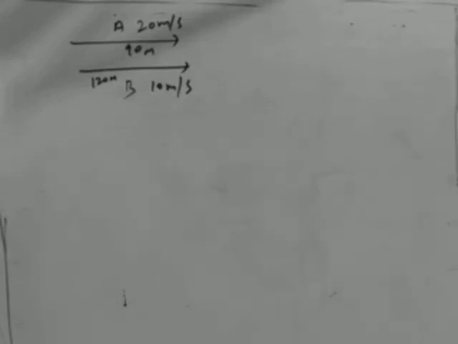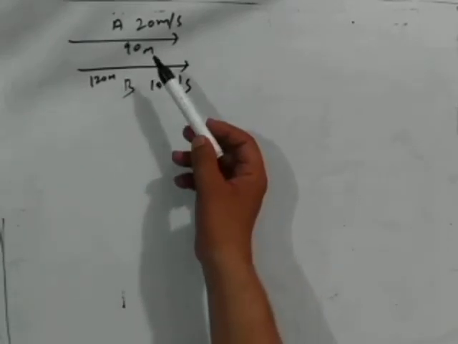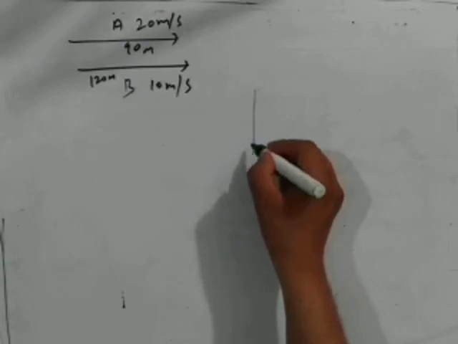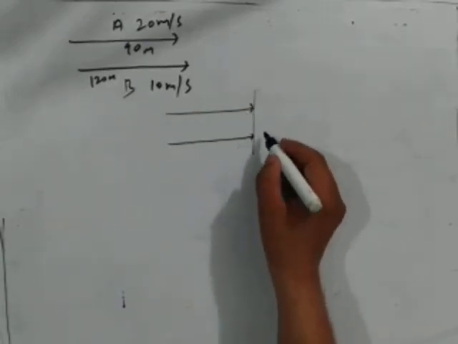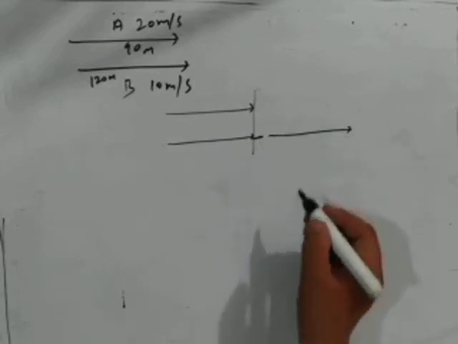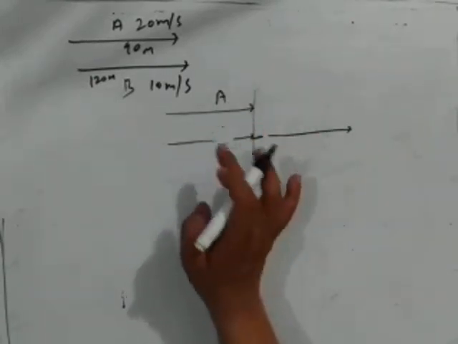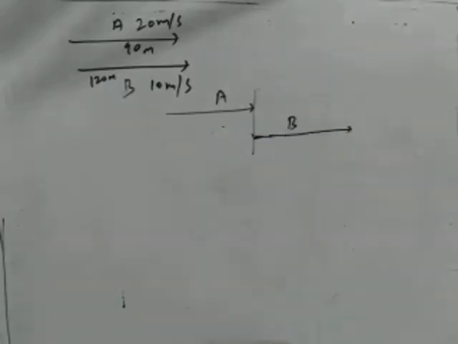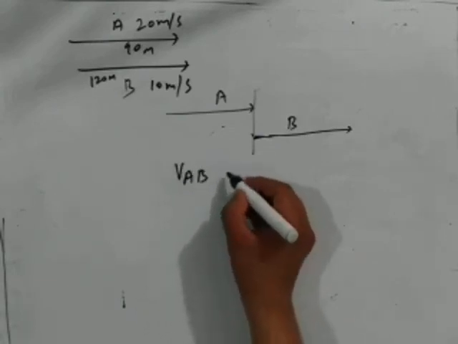Now, in the same question, if one train has to overtake the other train, then we will calculate the velocity of A with respect to B, VAB.